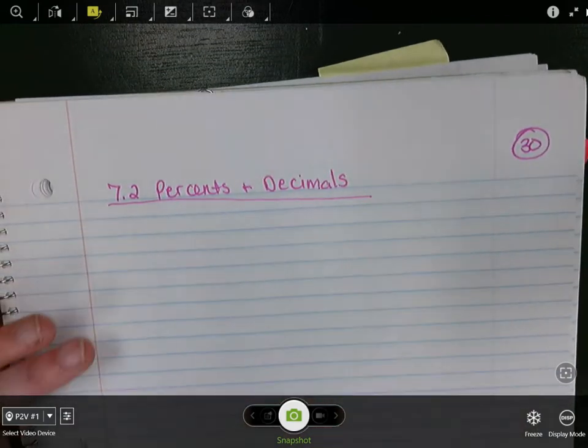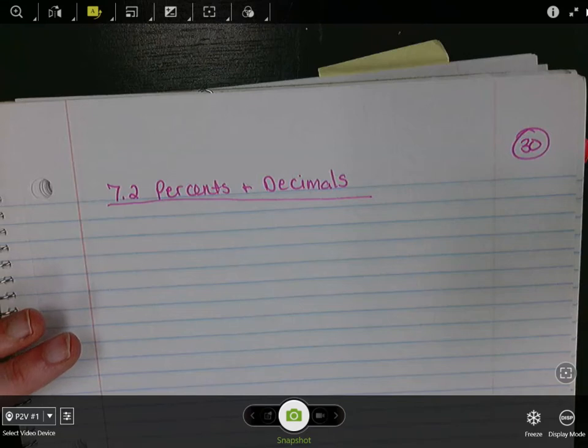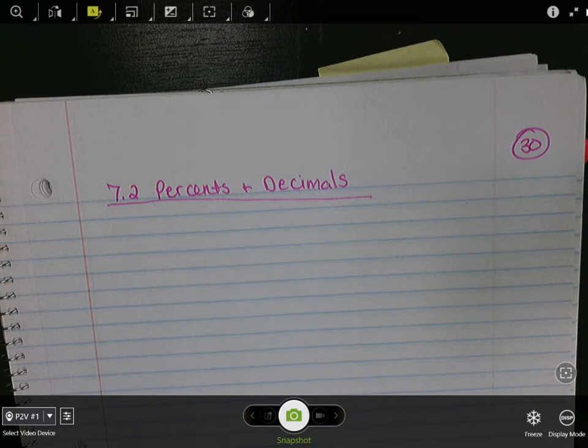Okay. All right, so with percents and decimals, we're going to write percents as decimals and then write decimals as percents. Okay. All right, so how to write a percent as a decimal?